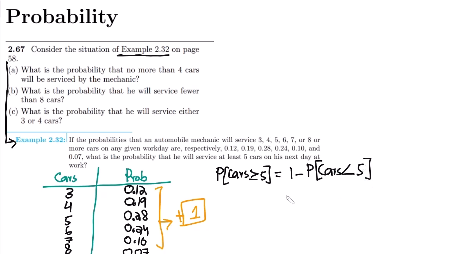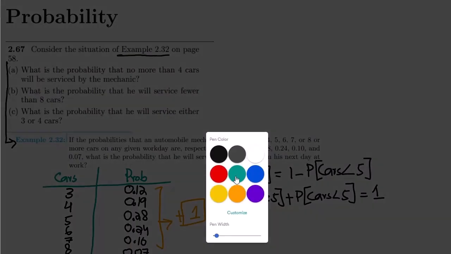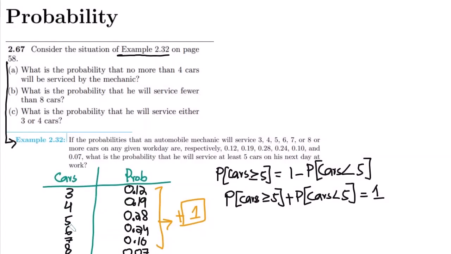Okay, so how is it possible? I previously told you guys that always the probability of cars greater or equal to 5 plus the probability of cars less than 5, this ultimate sum of it will always be 1, because this is the overall scenario here, because here you can very easily see that the cars greater or equal to 5 are here, while the cars less than 5 are here.